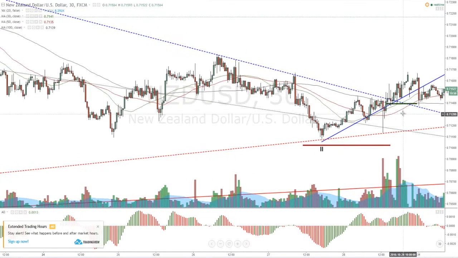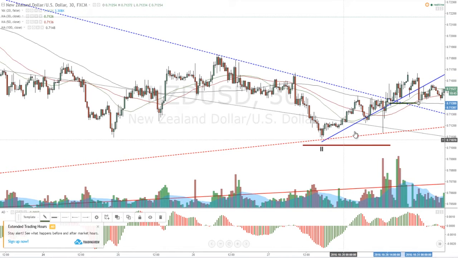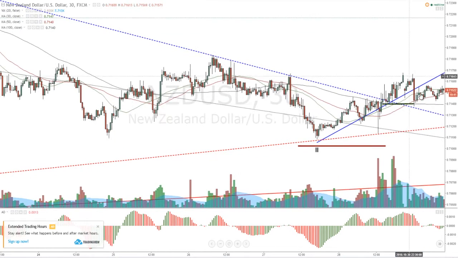And if we were using the 50 and the 100, our entry could be there. We could even wait for the price to break, come back, and enter there.